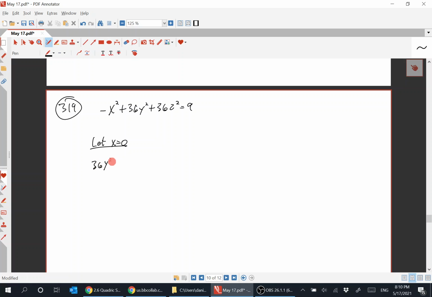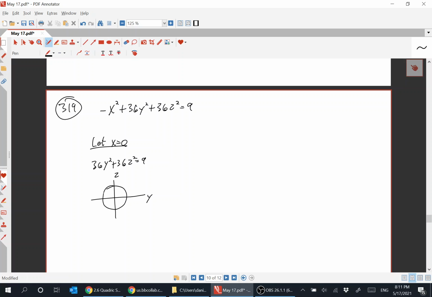We have 36y squared plus 36z squared equals 9. Okay, these are circles. I don't care how big the circle is or if it's an ellipse. So here's the y and z axes, and I've got a circle.